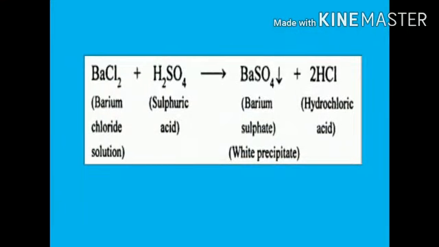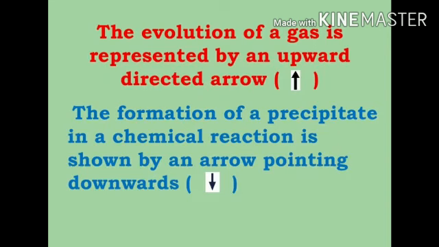Now let's write down the balanced chemical equation for the chemical reaction. BaCl2, that is barium chloride, and H2SO4, sulfuric acid, react to form products barium sulfate and hydrochloric acid. Barium sulfate is insoluble precipitate.